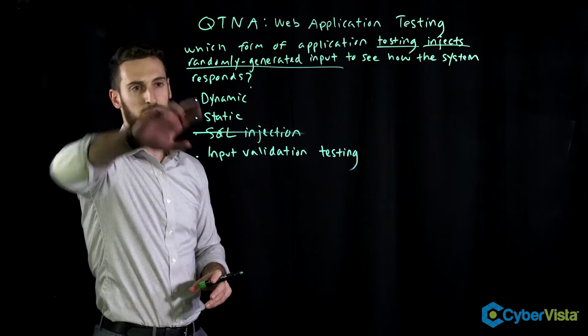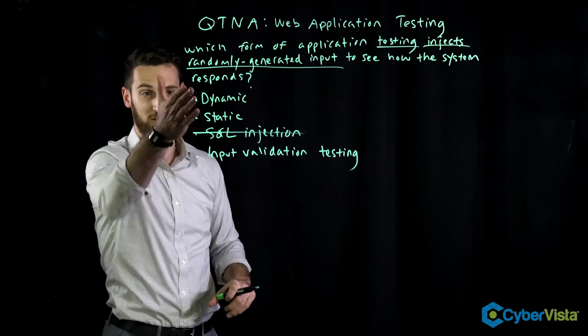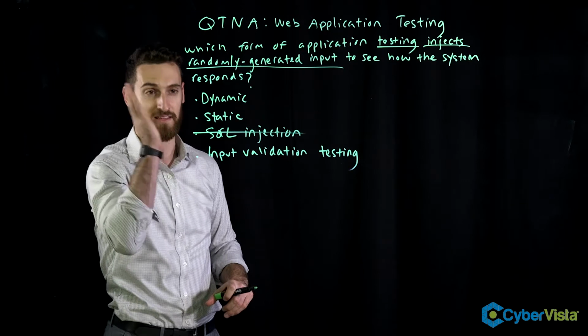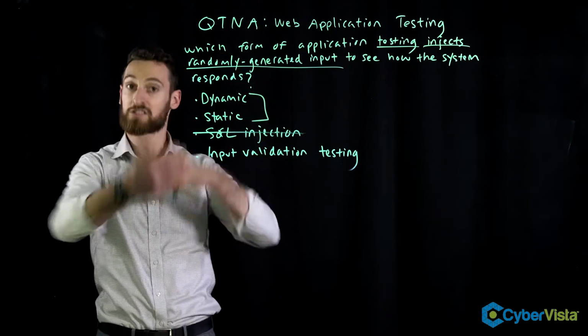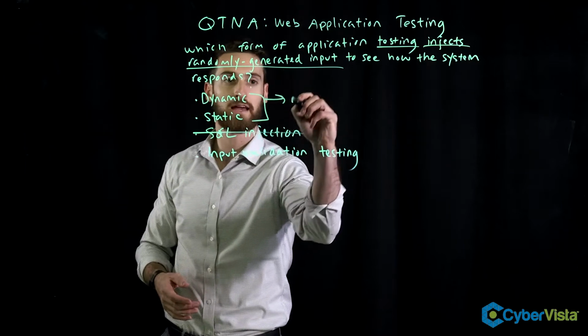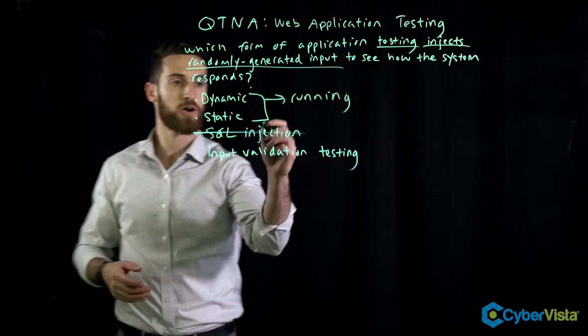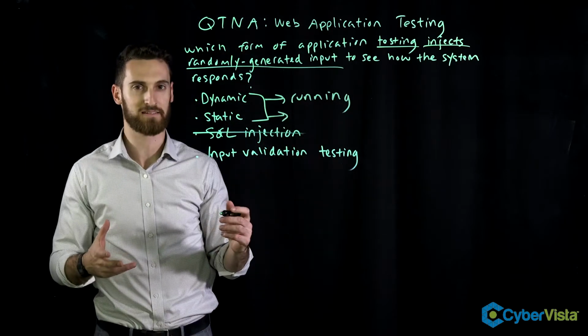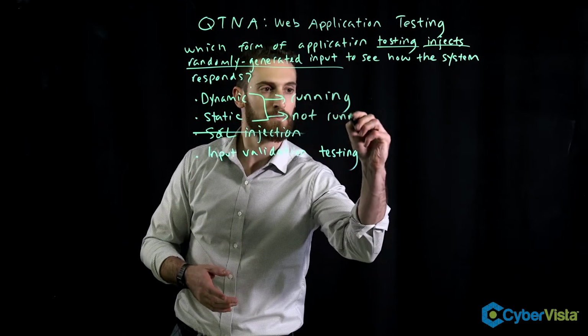So what's the difference between dynamic and static? Well, if you understand the colloquial definition of dynamic and static, you can actually understand the definition when it comes to testing. So dynamic means what? Something that's changing, right? Or something that's running. Versus static means it's not moving, right? So in a testing environment, what we're saying is we're going to test the application by having it not run.